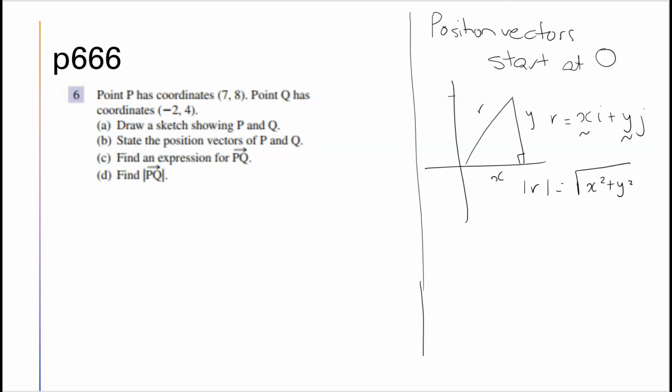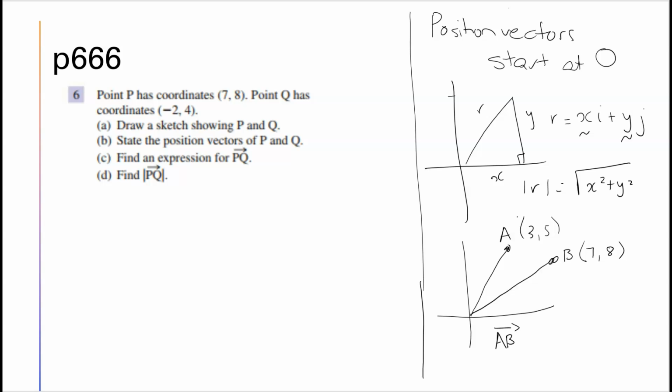Now, if we have an example of this, say we've got A that's 3, 5, and so that's a point 3, 5, and B, which is a point 7, 8, then we can say that the vector joining A to B is going to be OB minus OA.